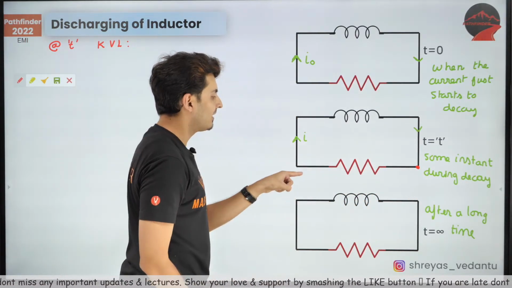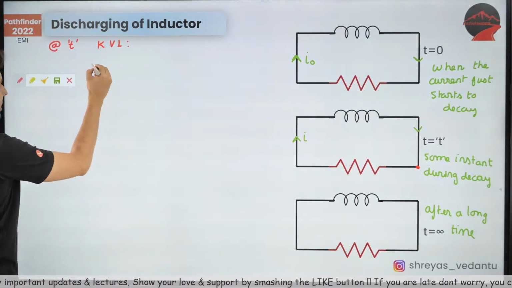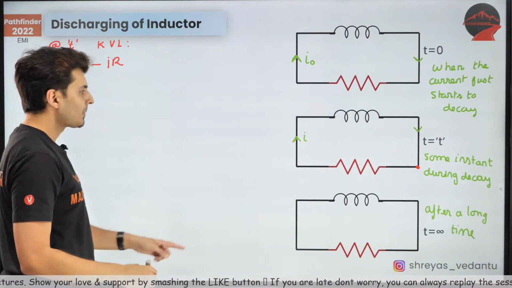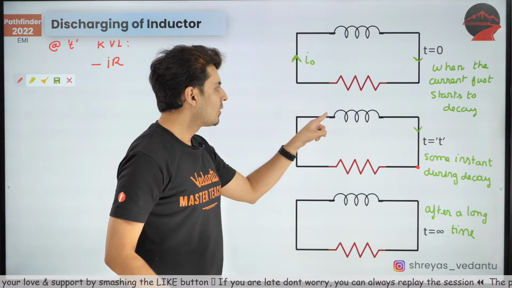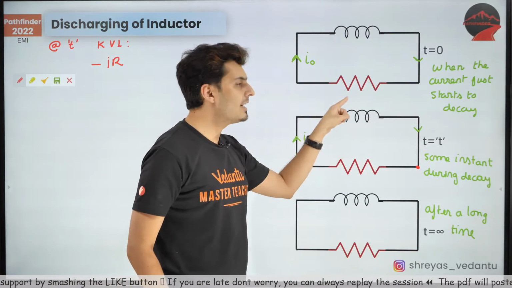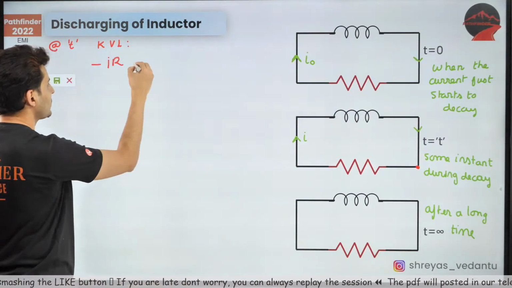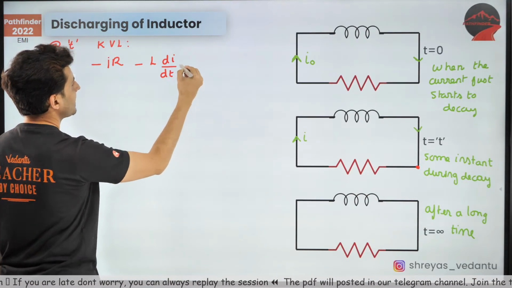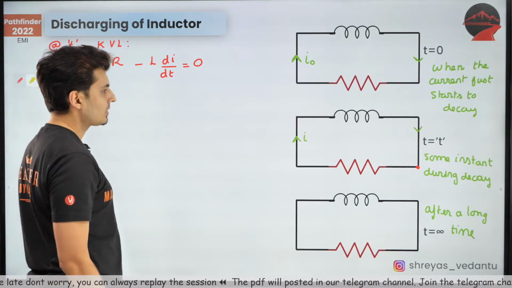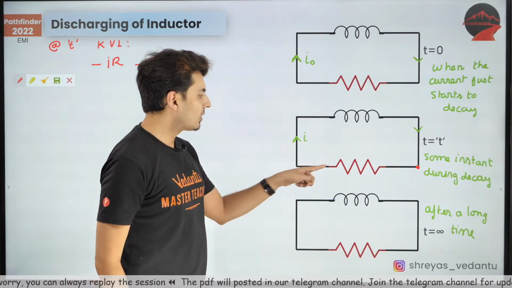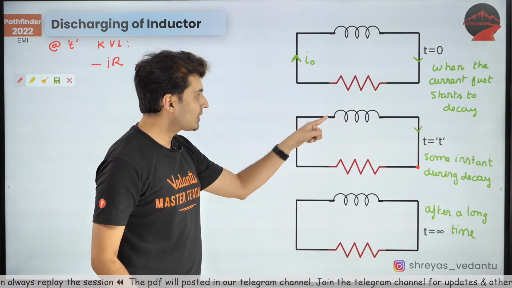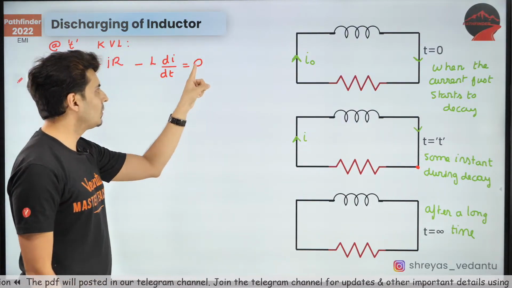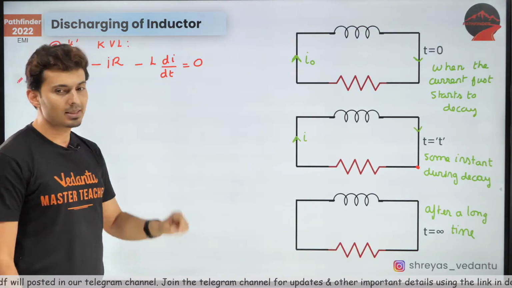I will encounter a drop of IR, so minus I into R across the resistor. And we all know what is the voltage drop across an inductor. It is minus L di by dt. This will be equal to 0. So start from here, go across the resistor minus IR, and go across the inductor minus L di by dt. You come back at the same point, so the sum of all the voltages will be 0.